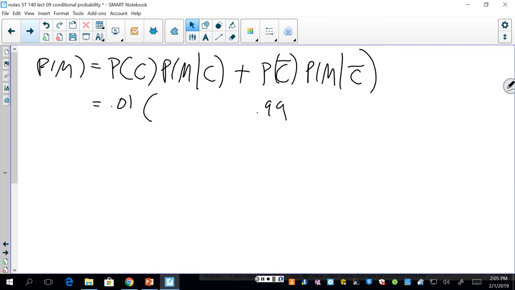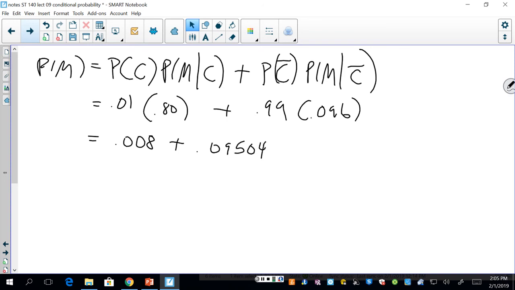This group had an 80% positive, and this group had a 9.6% positive. So that's 0.008, and this was 0.09504. So we have overall 0.10304. About 10% of the population is going to have a positive mammogram.